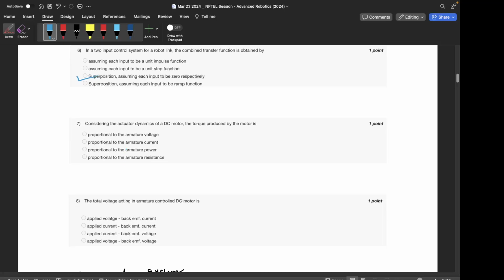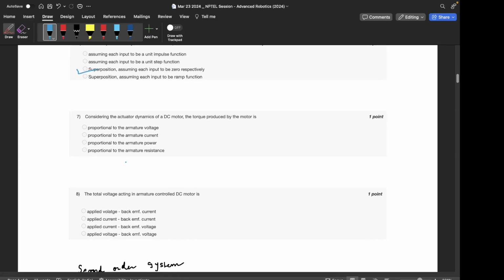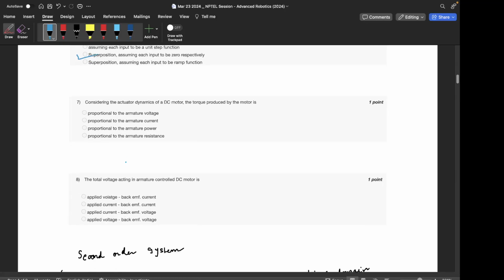Now, this seventh is related to something which I have not discussed in the discussion hour, but of course, it has been discussed in detail in the lectures, which is the actuator dynamics. So, basically, the motor and its circuitry and modeling it as a second order system.